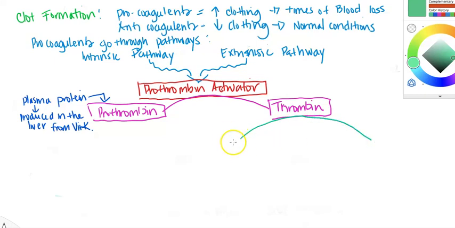Thrombin then takes something called fibrinogen, which is also a plasma protein, and it converts fibrinogen into something called fibrin.